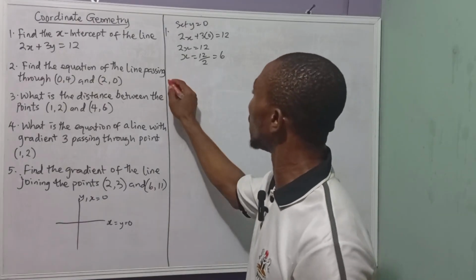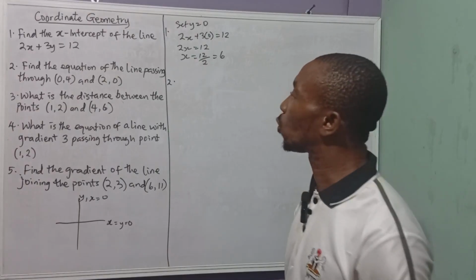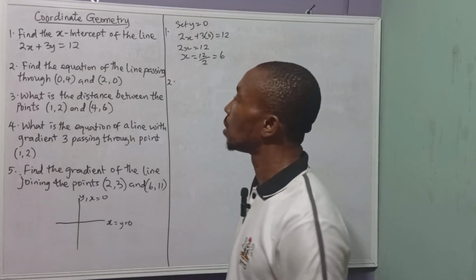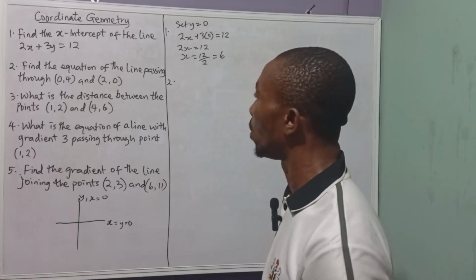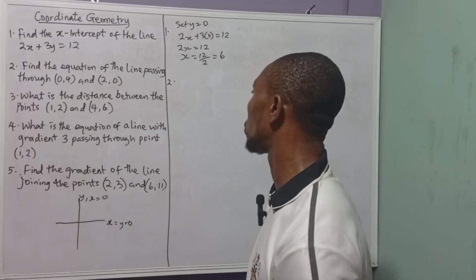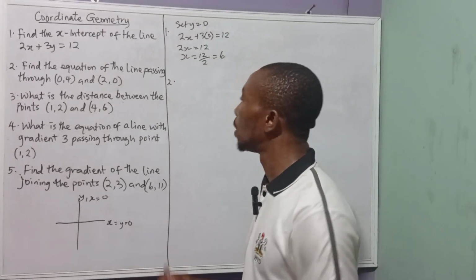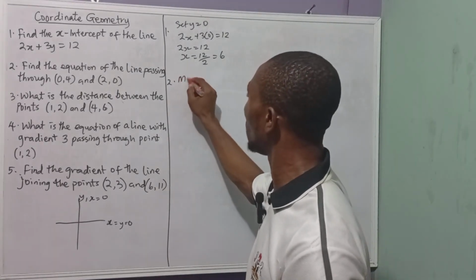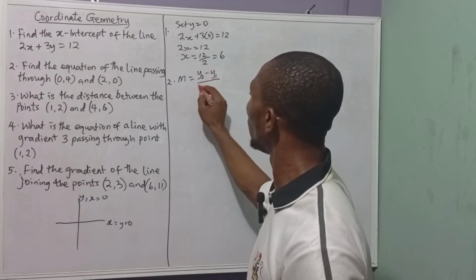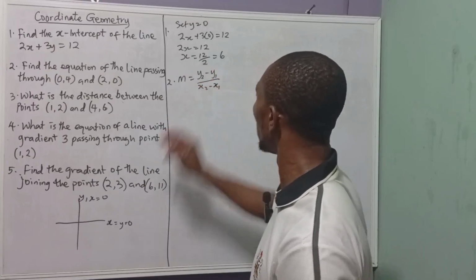Now, question 2 says, find the equation of the line passing through (0, 4) and (2, 0). So first we need to find the gradient. Finding our gradient m, we have y2 minus y1 all over x2 minus x1.